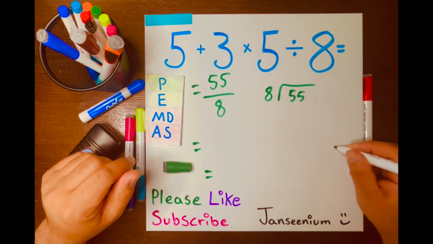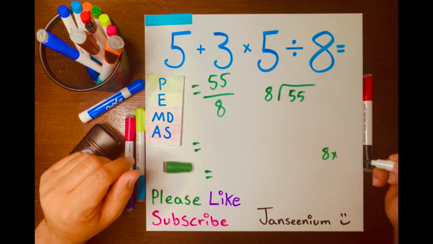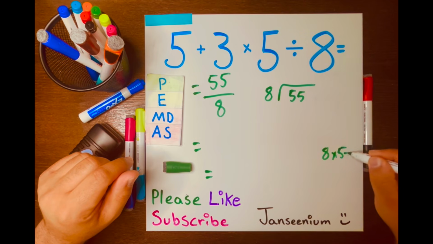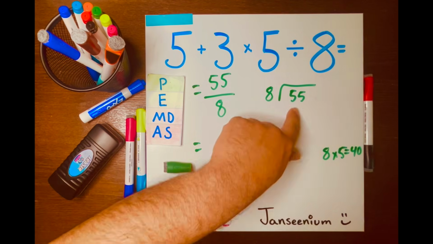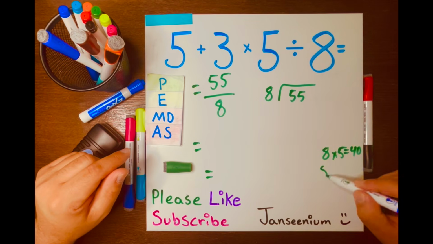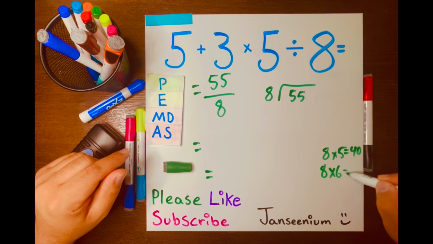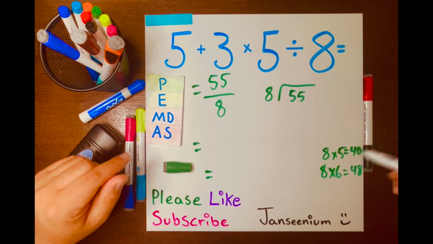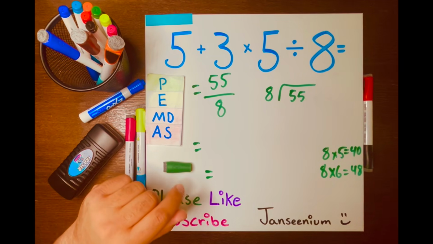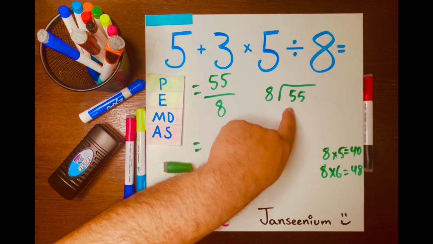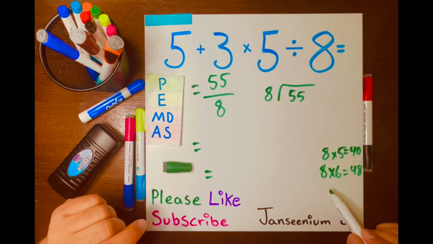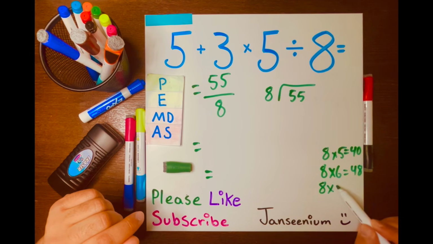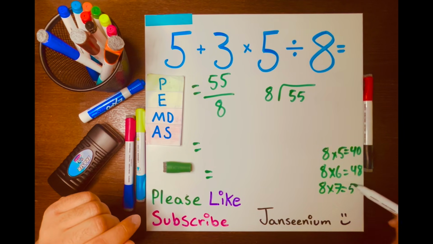Well, I know that 8 times 5 is 40. So we're getting close to 55. 8 times 6 is 48. I just added another 8, so 48. We're almost close to 55. 8 times 7 is 56.